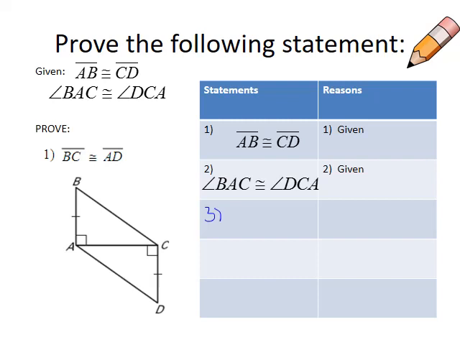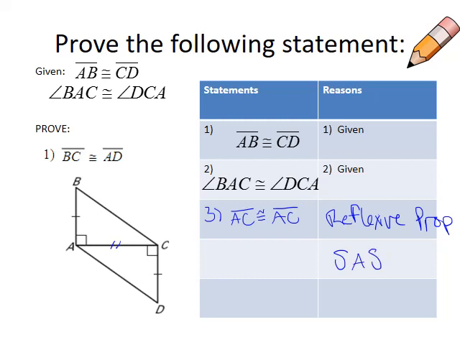So in our 3rd step here, we've already filled in the given information. We know that AC is congruent to AC by the reflexive property. We've been doing this quite a bit, so this should be easy to recognize right away, that this is naturally our next step. So fill that in. And now we know by side angle side that we have two congruent triangles, right?